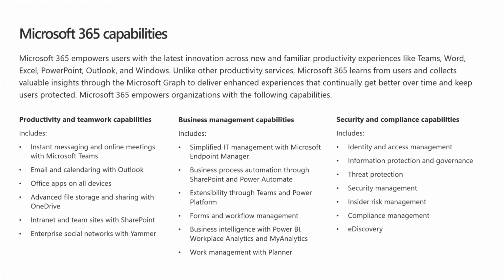Business management capabilities. Managing from an IT perspective means managing those devices, not just mobile phones and tablets, but actual desktops as well. Automation through workflows that are hosted in SharePoint, Power Automate. Extending the functionality that's built into the apps, including Word and Excel. We can extend the functionality by building apps that depend on those services.